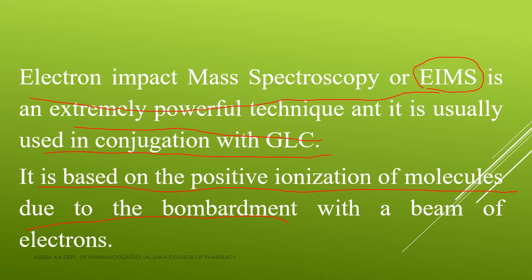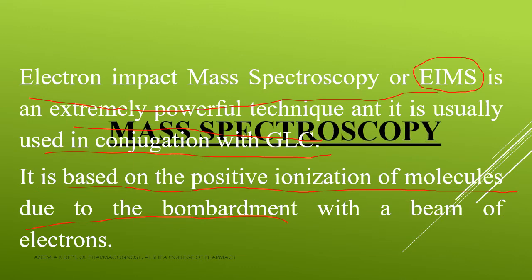So an electron beam is used for bombardment, and based on that, positive ionization of molecules happens, and this is used as the basic principle in mass spectrophotometry. Clear? It is based on the positive ionization of molecules, due to the bombardment with a beam of electrons. So this is about mass spectrophotometry.